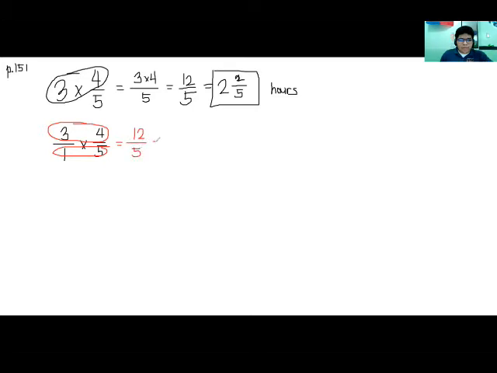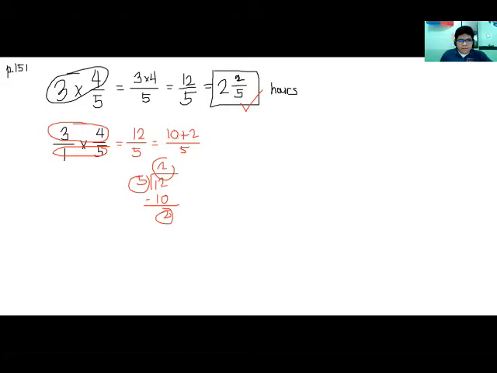And from there, gagawin mo lang yung technique natin sa pag gawa nito ng mixed number. Pwede kang mag-divide. You can divide 12 by 5 to get 2. And then 10 here. Pag minus mo, that's 2. So 2 and 2/5. Like that. Or, pwede mong isipin na ang 12, pwede kong hatiin sa 10 plus 2.